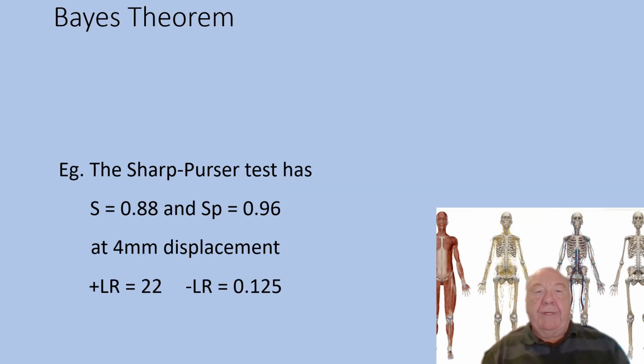So let's look at Bayes' theorem in use, and we'll apply it to the Sharp-Purser test. This test has 4 millimeters of displacement. This is based on studies done in flexion extension by Uitvlugt and Indenbaum in the late 80s, I believe it was. So they used flexion extension X-rays as the gold standard, and they came up with a sensitivity of 0.88 and a specificity of 0.96 when the amount of displacement was 4 millimeters rather than 3, which is the surgical threshold.